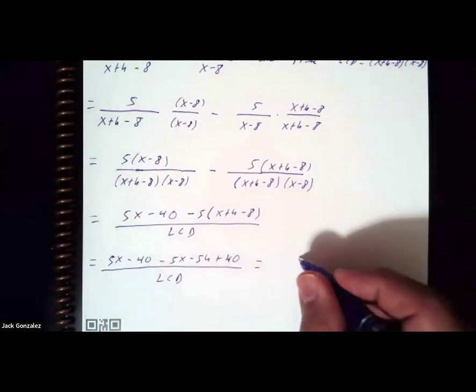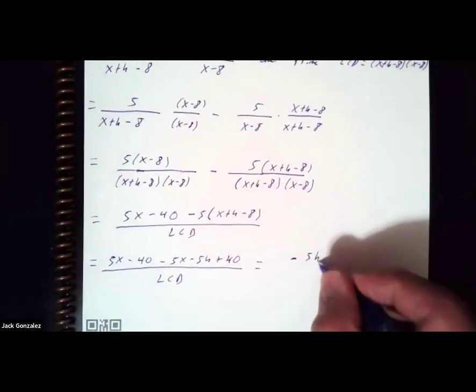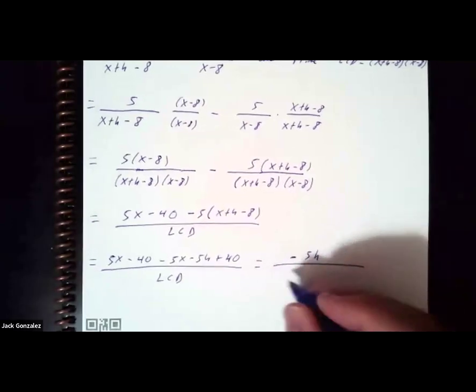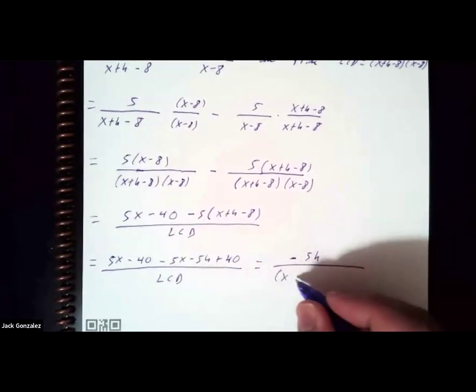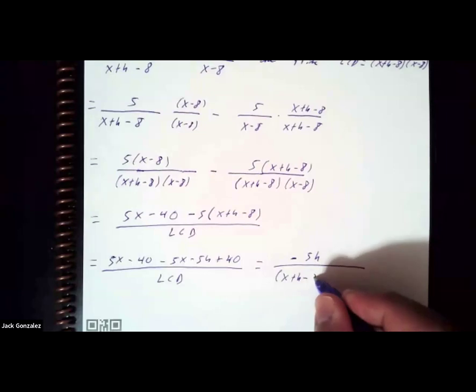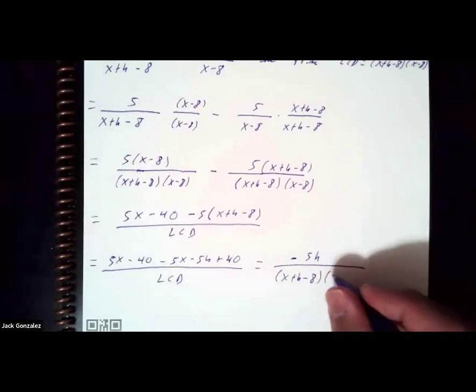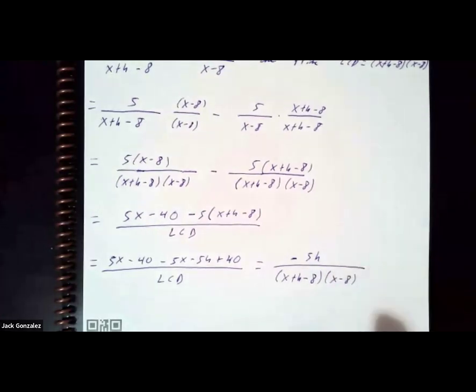We're left with -5h over the LCD, which I'll go ahead and write this time. There, we subtracted the two fractions, f of x plus h minus f of x.